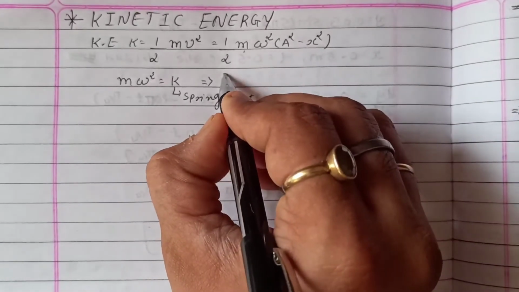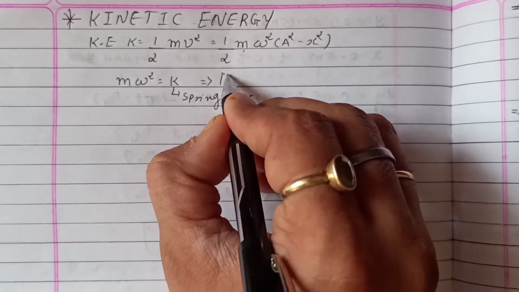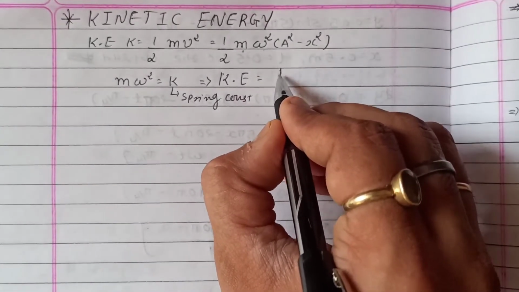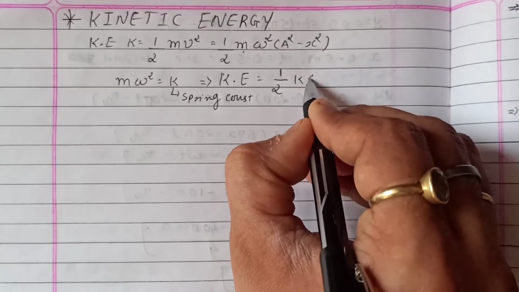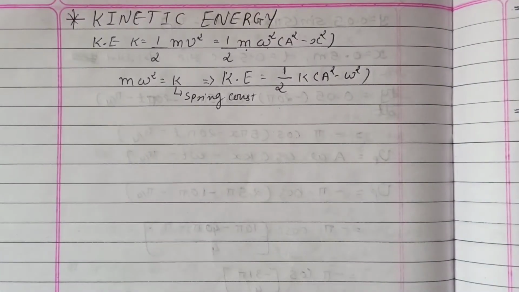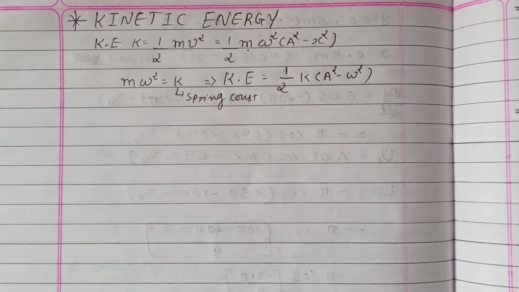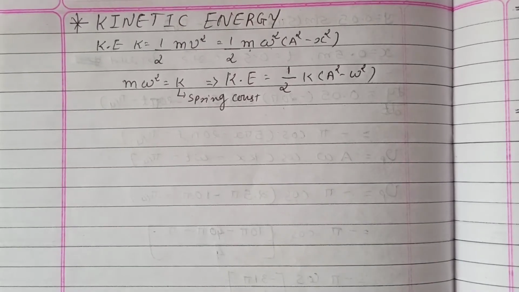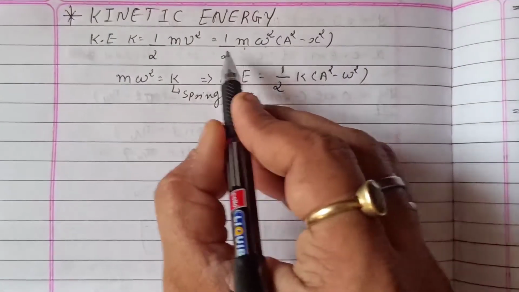So putting this in the equation, KE is equal to 1/2 K (a square minus x square). Yes, so this is the equation of kinetic energy.